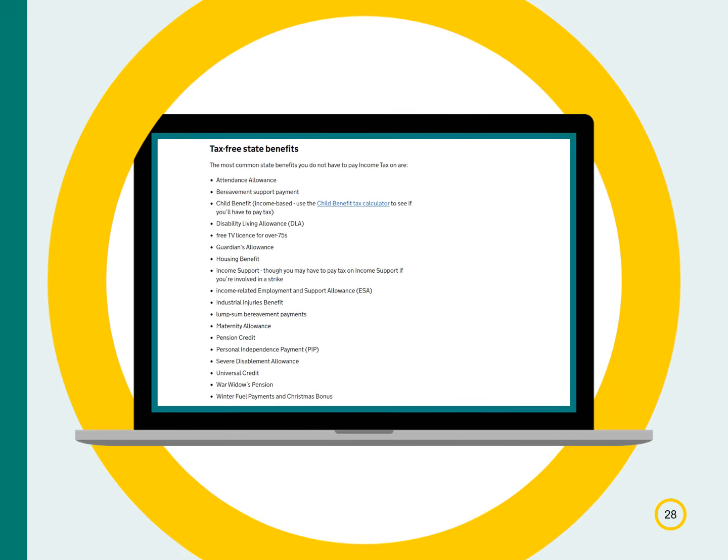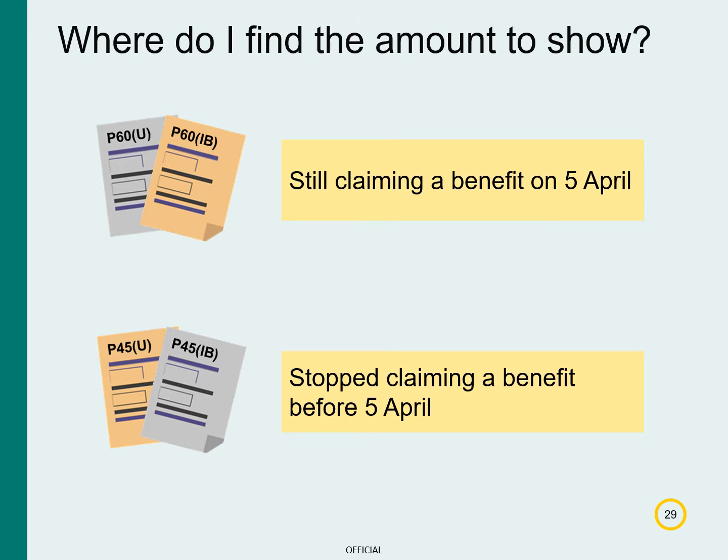It also lists the ones you do not have to pay income tax on. You'll find the amounts to show on a P60U or P60IB. If you stopped receiving a benefit during the year, the amounts will be on a P45U or P45IB.